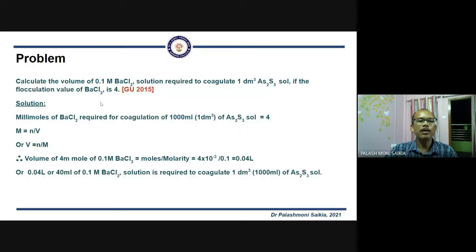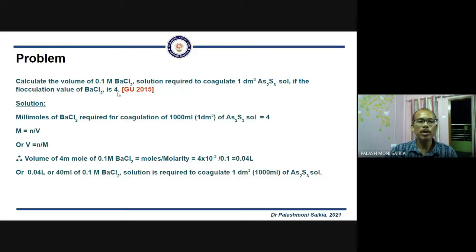Now this was another asked in 2015. For 0.1 M barium chloride solution, to coagulate 1 decimeter cube of arsenic sulfide sol, how much barium chloride do you need in volume? The flocculating value of barium chloride is given as 4. Since the flocculating value is 4, to coagulate 1000 ml, that is 1 decimeter cube, of arsenic sulfide sol, we need 4 millimoles of barium chloride.